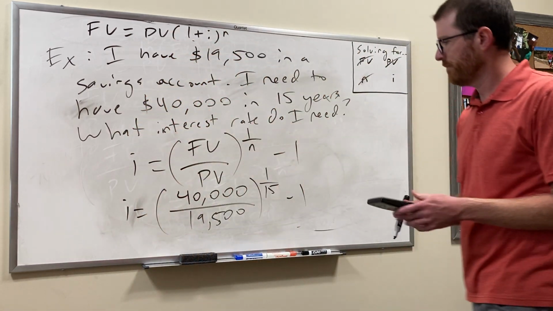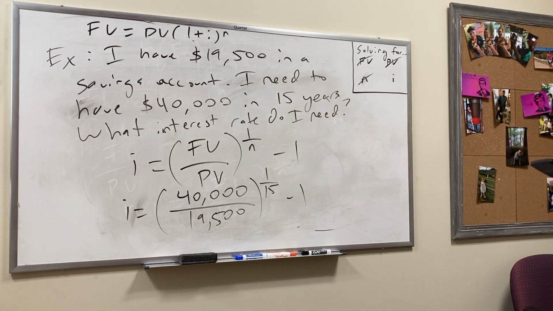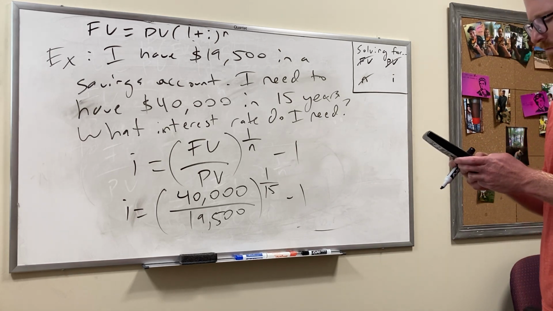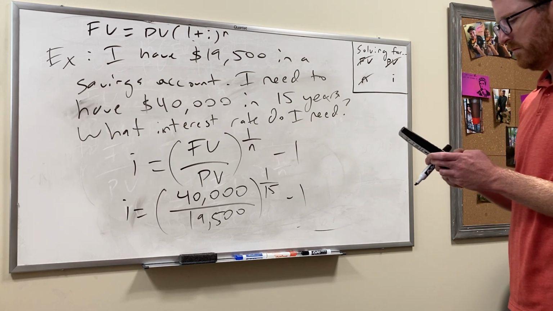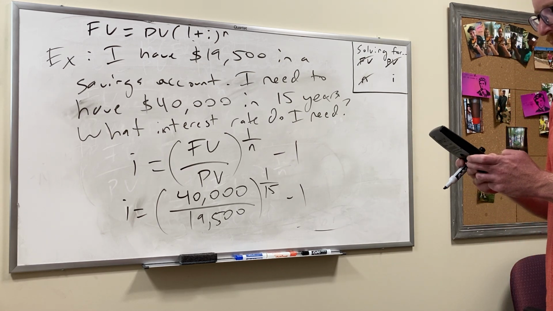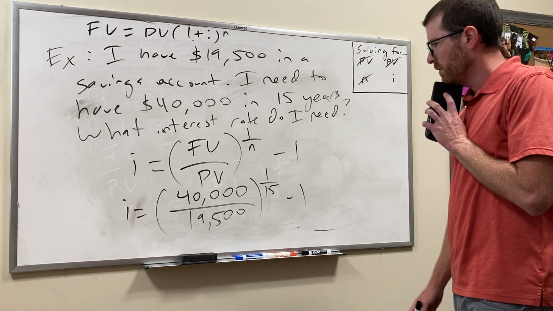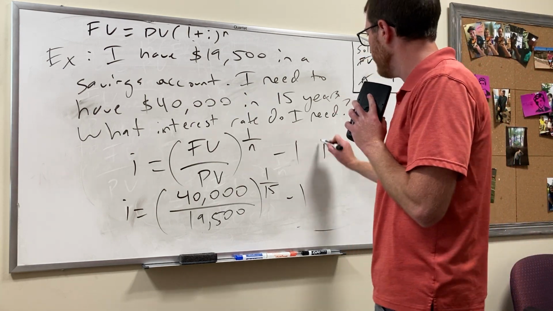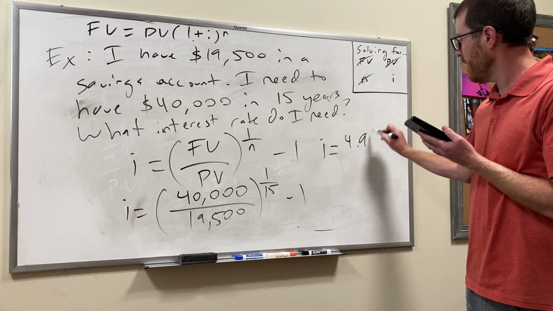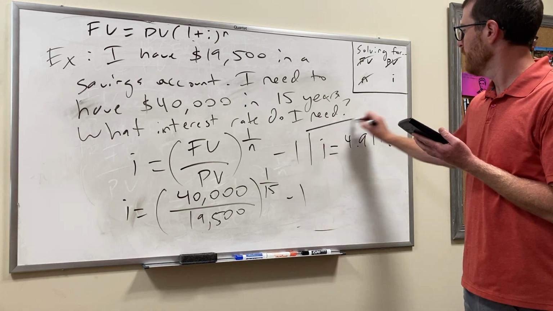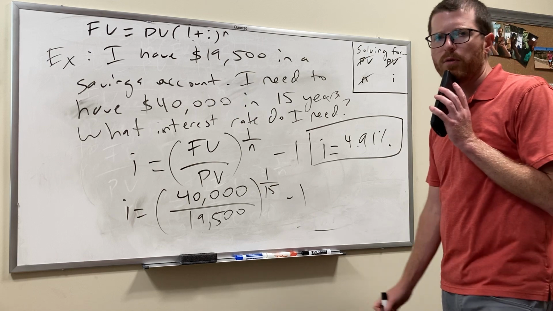Here we go. So I'm just going to see what it comes out to. Hopefully you're doing the same. And what I get here for the interest rate is about 4.91%. So that is what I would need.